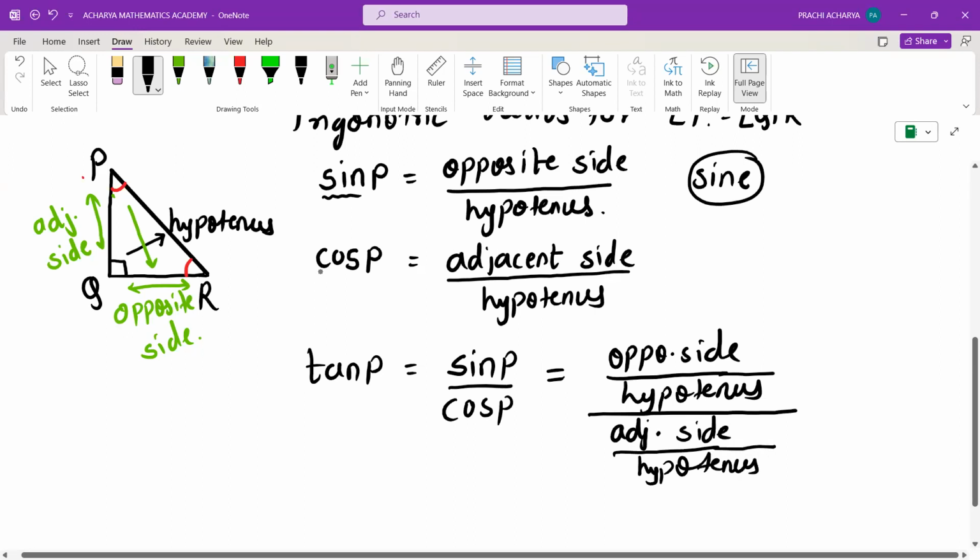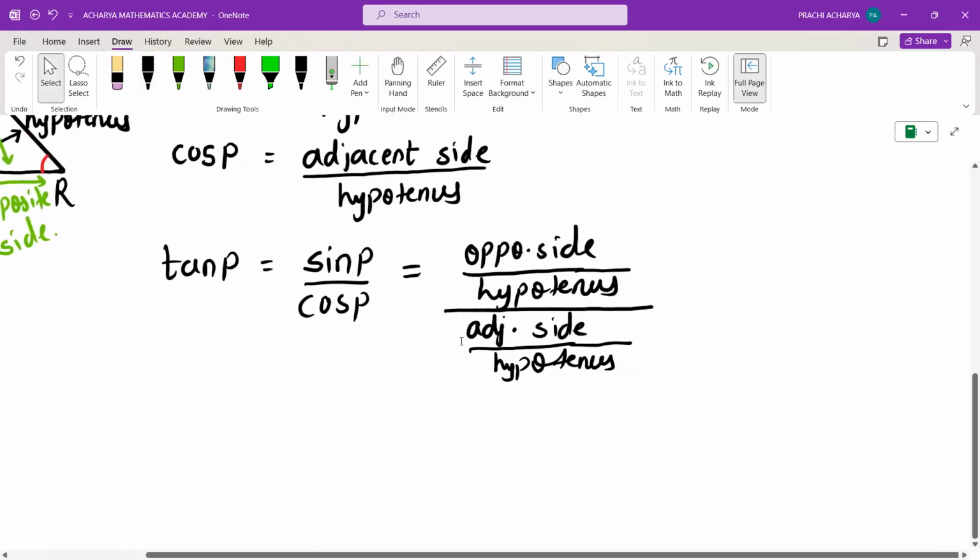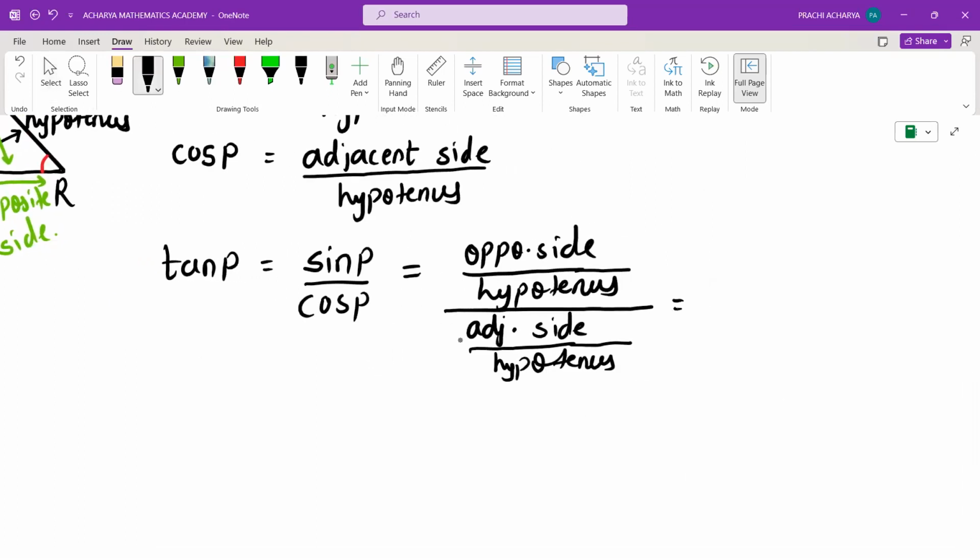Okay. Either you can directly cancel the denominators, or you can take the reciprocal of the lower ratio. So it will be opposite side upon hypotenuse, multiplied by hypotenuse, which will come in the numerator now, because this is the procedure of dividing two ratios.